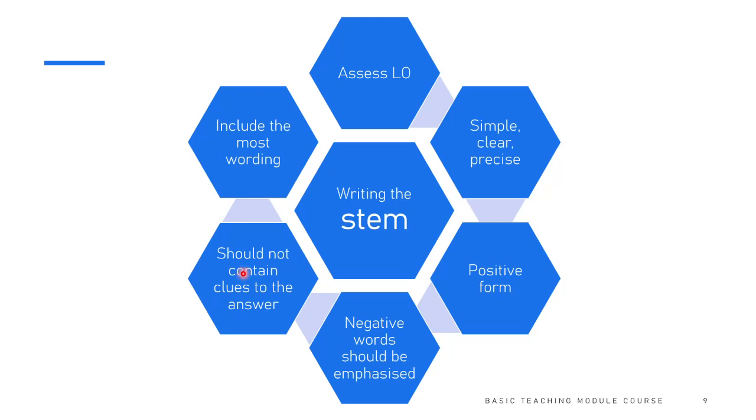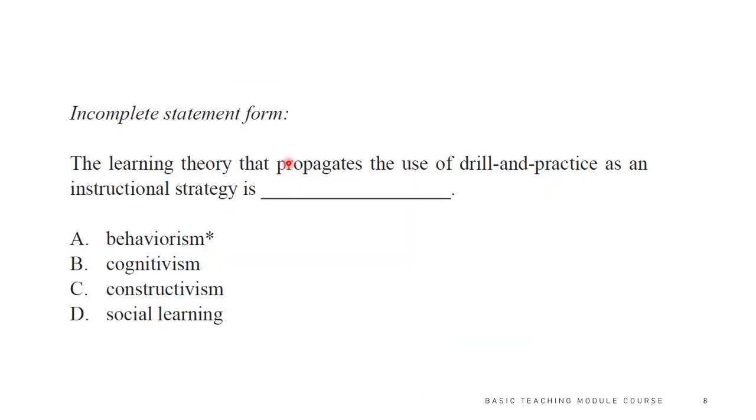Okay, it should test students on their ability to understand and remember the required concepts being tested. And the last one is that it should include the most wording. In this case, for example, the word "is" should not be repeated in all the options.